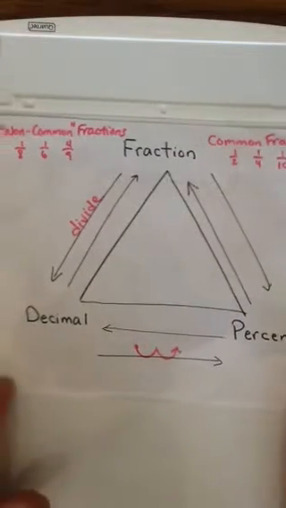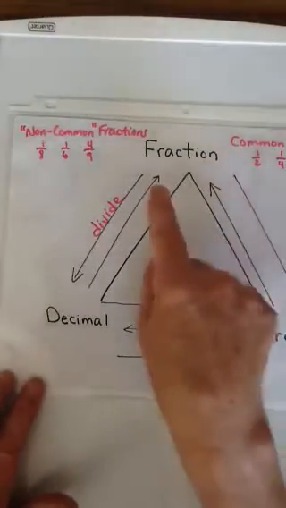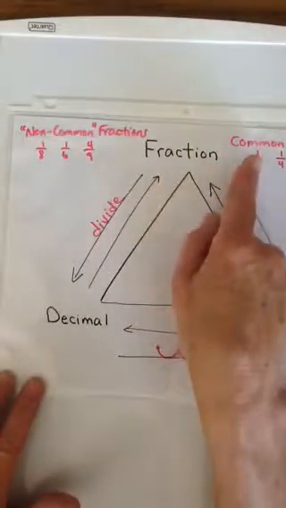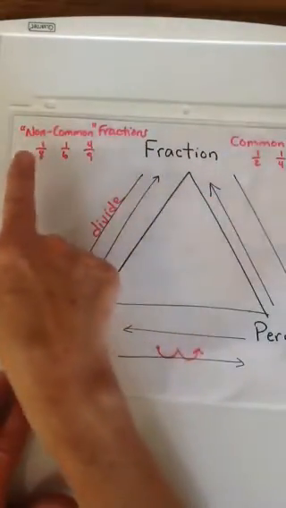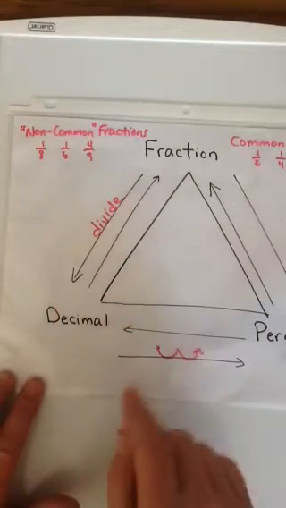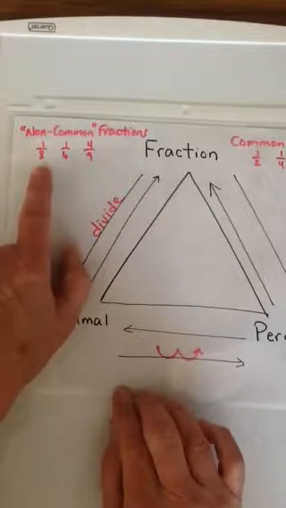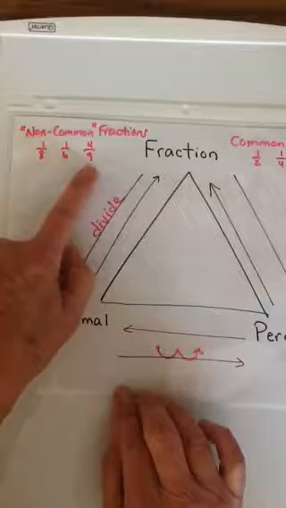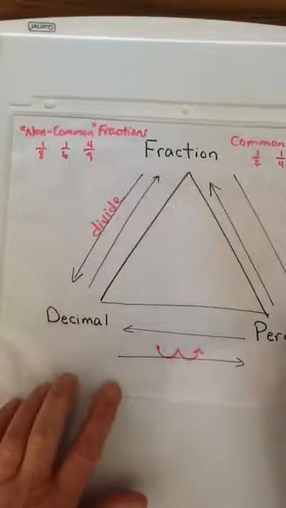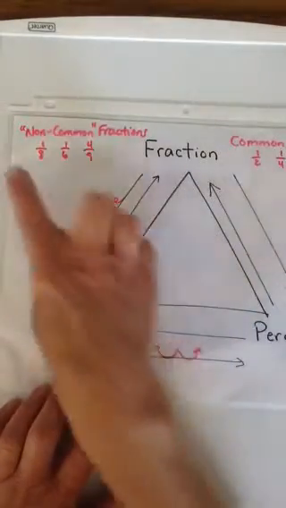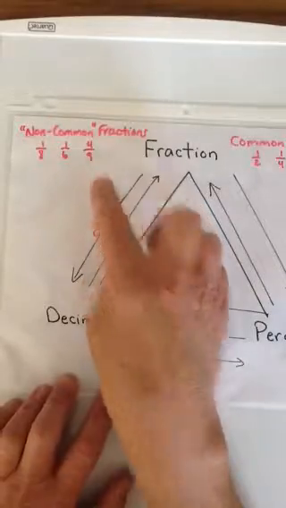But what happens if you want to change a fraction that is not a common fraction, and I call those non-common fractions, such as these, 1/8 or 1/6 or 1/4 or 4/9, and you want to change those to a percent? Well, we don't have those memorized.